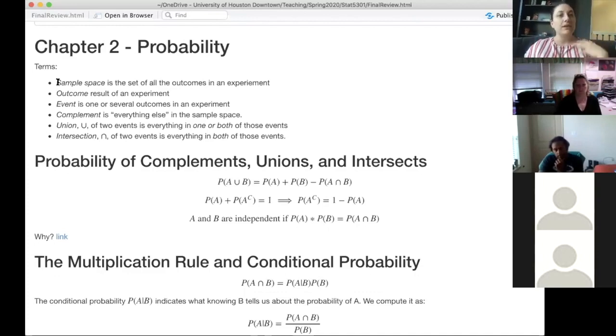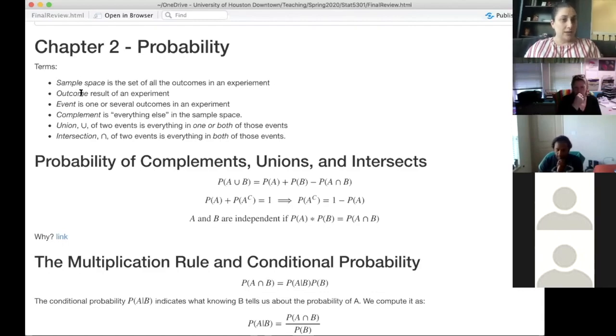It can be whatever it needs to be for that experiment. And it is any possible outcome, even if it's no outcome at all, right? If the outcome is it doesn't happen, then that's still an outcome, right? That is different than the empty set, which is like the whole experiment doesn't happen.